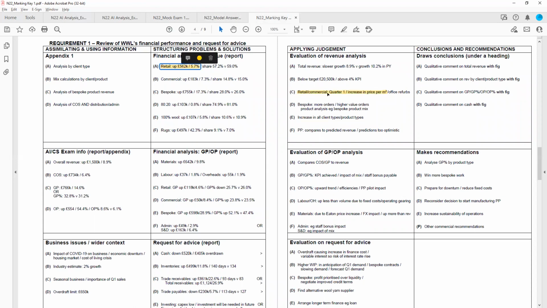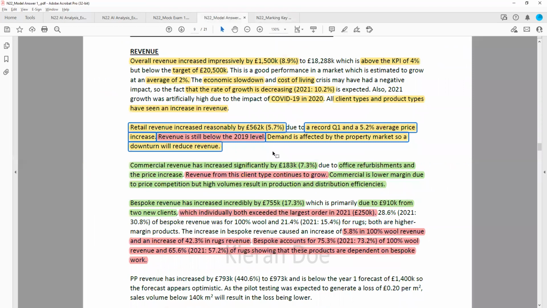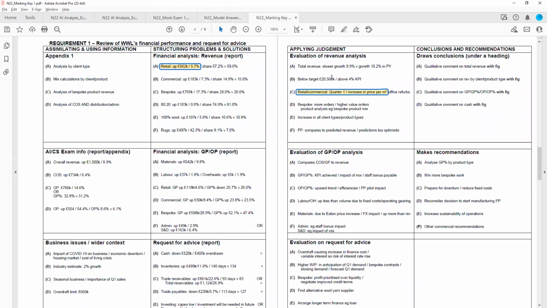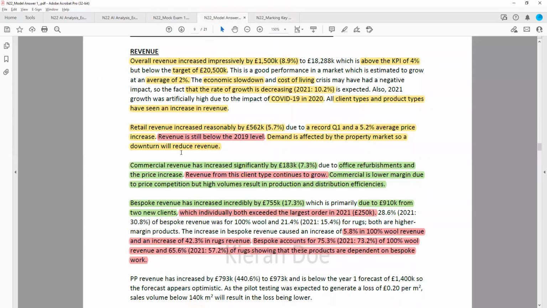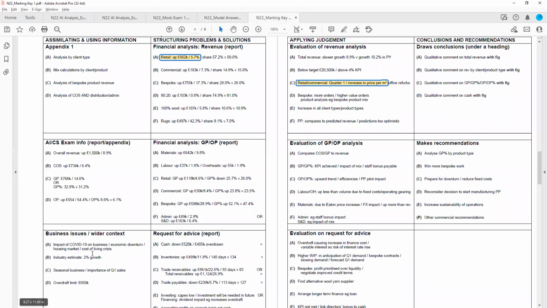So I've got the number, I've got the reason. I also had a further insight point of still below the 2019 target level, which didn't make it onto the marking key, unfortunately. I also had a point about demand being affected by the property market, the housing market, and that's on there as well.